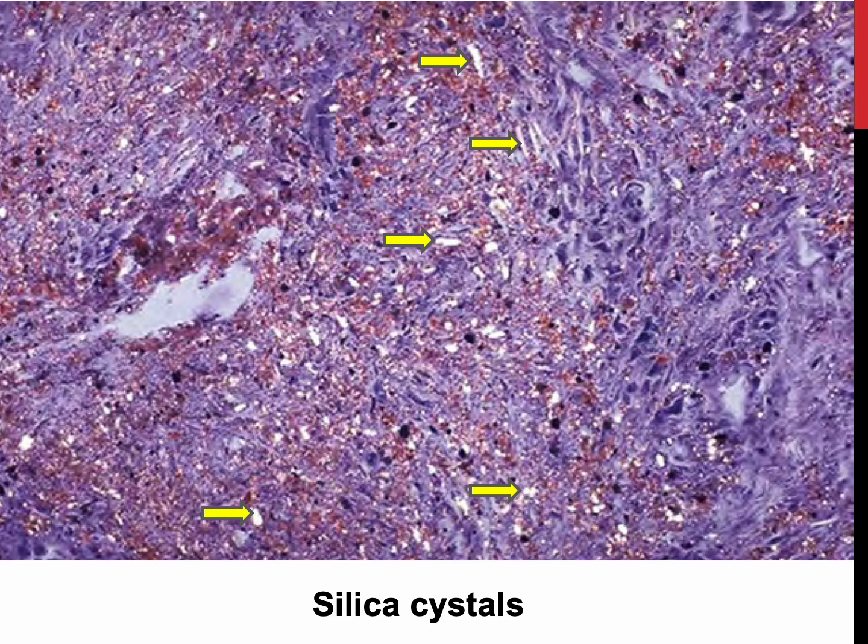This figure shows silica crystals under the polarized light microscope. The crystals are bright white with variable sizes. Please look at the yellow arrows. So the silica crystals that are inhaled and reach the alveoli are ingested by the macrophages, which secrete cytokines to induce a predominantly fibrogenic response.